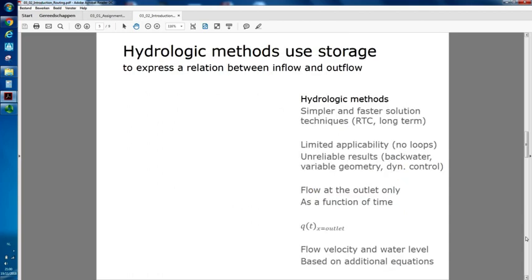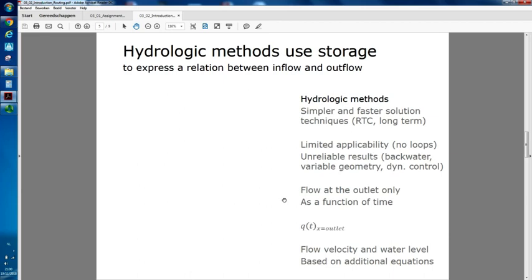We knew for the hydrological methods that they are quite simple and a lot faster than the hydraulic methods which we also discussed during the theoretical lectures, and that, for example, we can use them for real-time control or for long-term simulations. There are some limitations, however, in the application of these hydrological methods, like, for example, we cannot have a looped network, or we cannot apply it for situations where we have backwater effects.